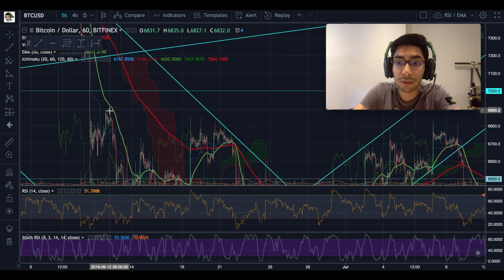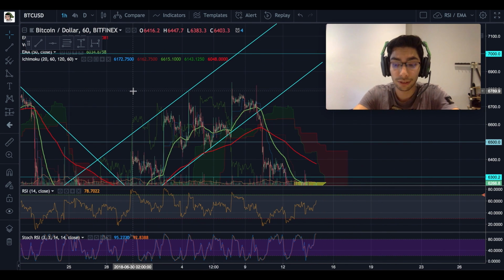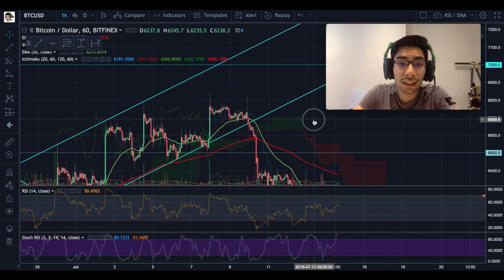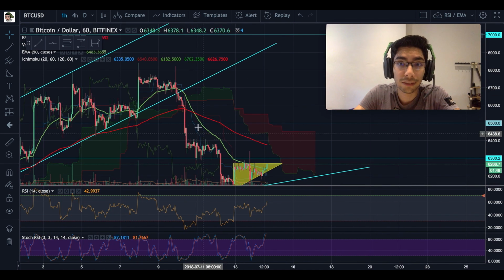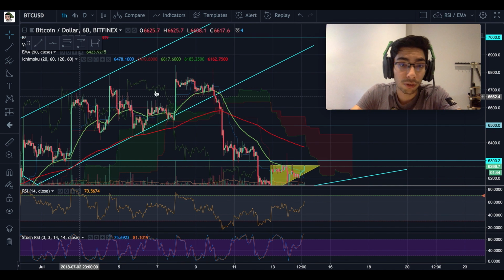The reason I put 6.9 is because this was the first high forming here, but 6.8 was a more important level, I could say. So it didn't break the 6.8. I was expecting it to go up and then probably retrace, but it actually retraced before. So the first mistake was not taking profits. So that's something you need to take into consideration.